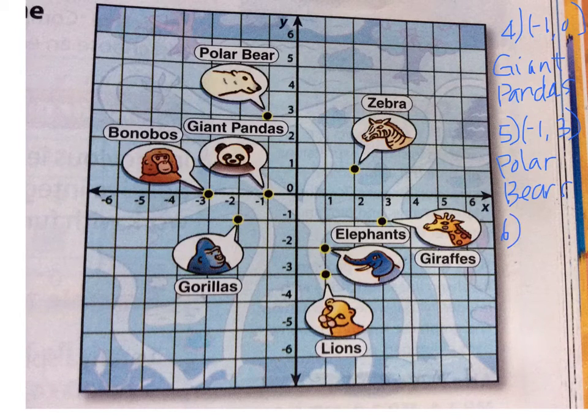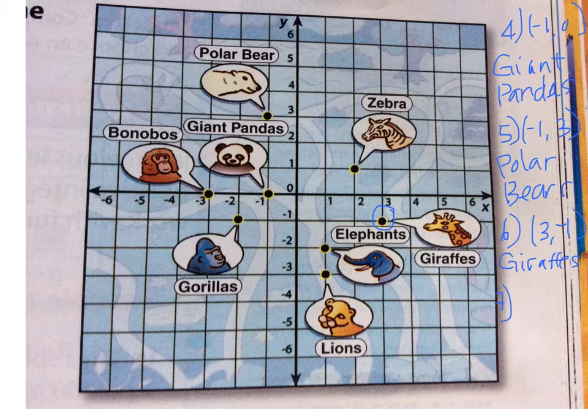Then number 6 asked us for what is on 3, -1. This time we're going to go to the right 3 and down 1, and we end up at the... Oh, be careful. What is the point? What's coming off of that point? The picture of the giraffes, not the elephants.